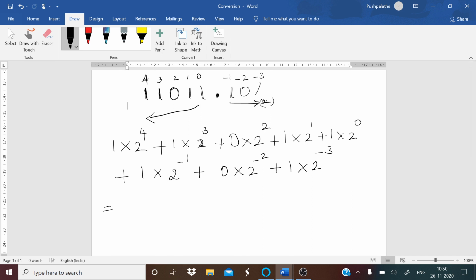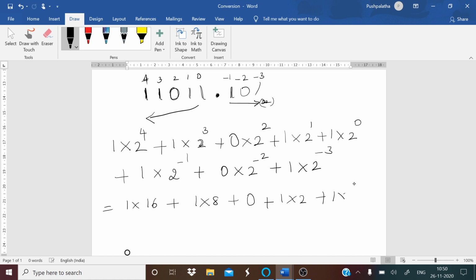The next step: 1 into 2 to the power of 4 is 16, plus 1 into 8, plus any number multiplied by 0 is 0, plus 1 into 2 (2 to the power of 1 is 2).